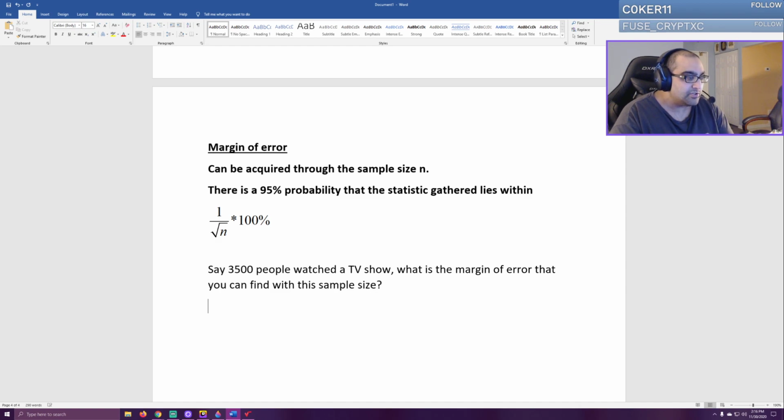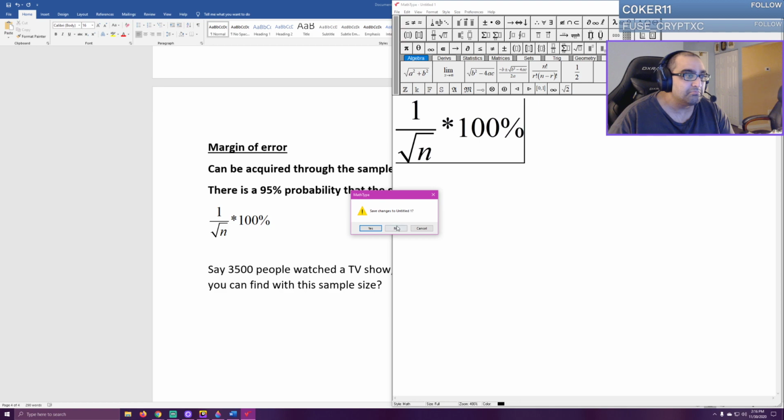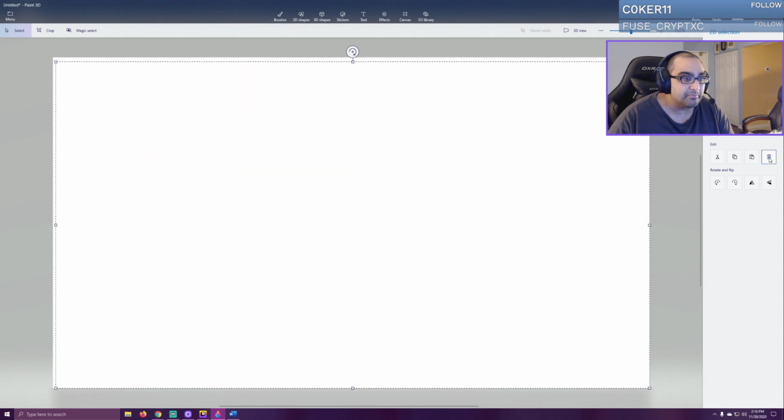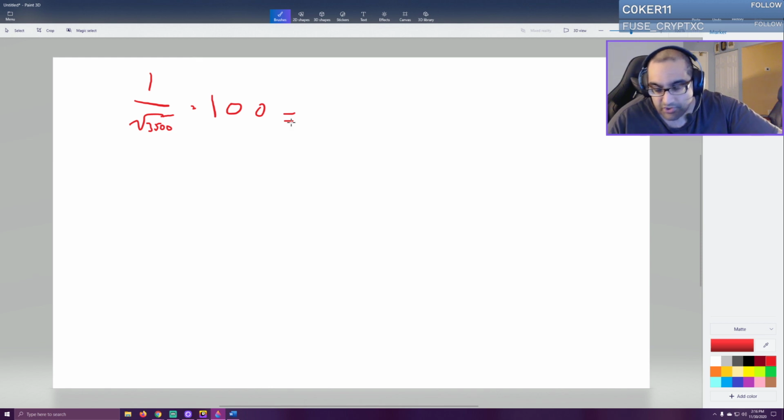So all you have to do here is just do 1 over the square root of 3,500, times 100. So let me put it on the paint tool here. This will be 1 over the square root of 3,500, and multiply that by 100. Again, this is strictly a calculator thing.